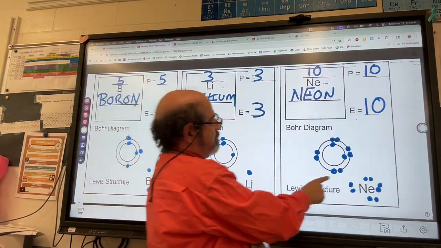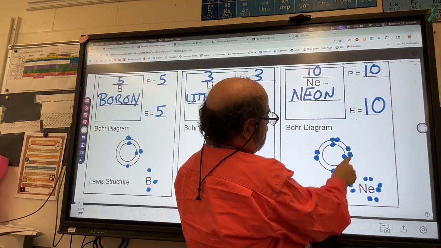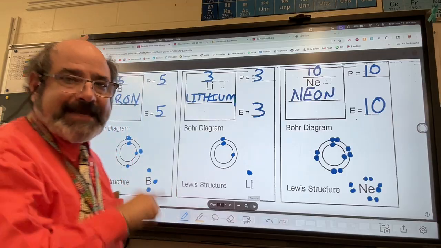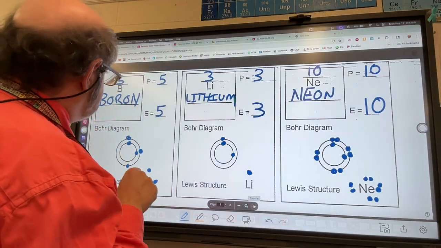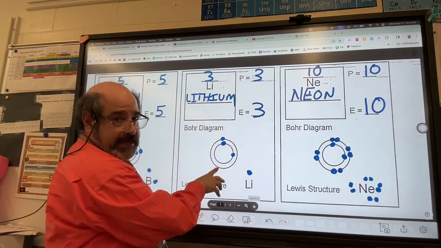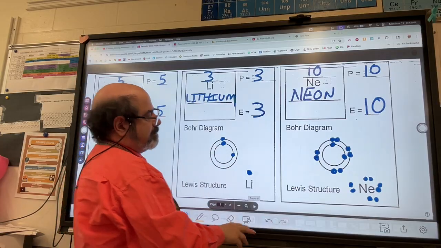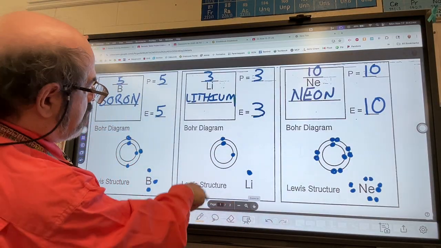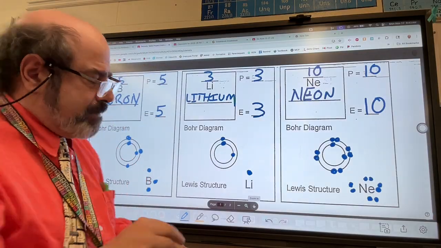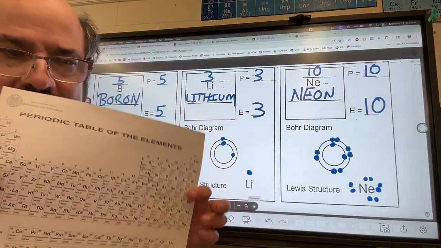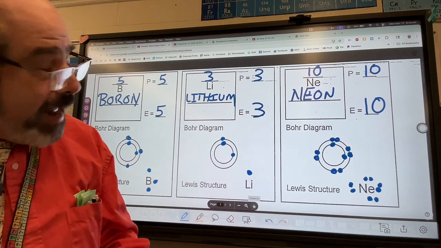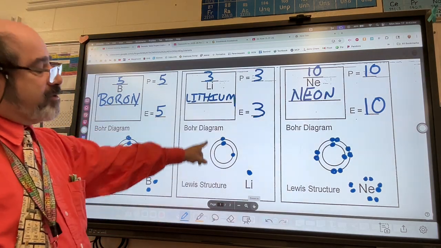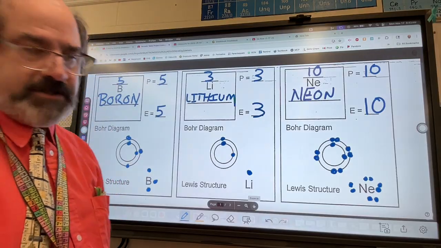Neon, 2, 4, 6, 8. So that's the outer shell of the electrons. Bohr shows the inners and all the other electrons. Lewis only pays attention to the outer ones. So the outer ones, easier to deal with. Just find them on the periodic table. You don't have to draw the Bohr to find the Lewis, but just try not to confuse the two.